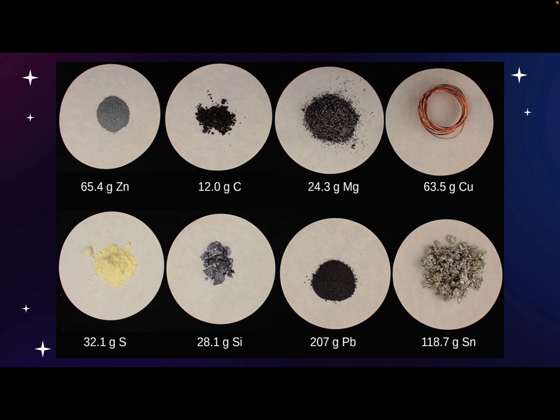So there's 6.022 times 10 to the 23rd particles of zinc, and there are 6.022 times 10 to the 23rd particles of copper, and all those other ones that you see represented there. So I will show you some more of these in person, but I just kind of want to give you an appreciation for the fact that even though they have the exact same number of particles, they occupy different masses and they occupy different volumes.